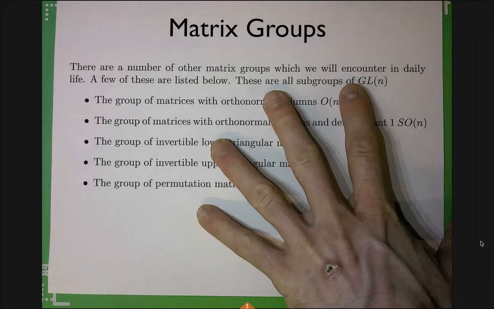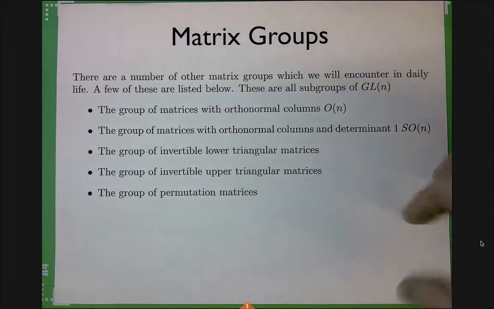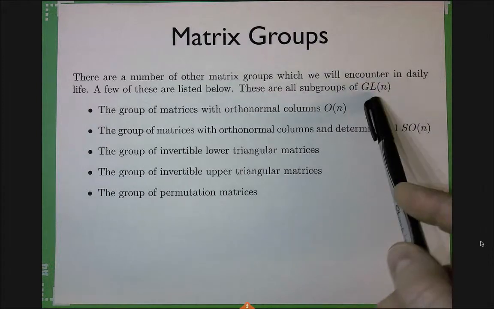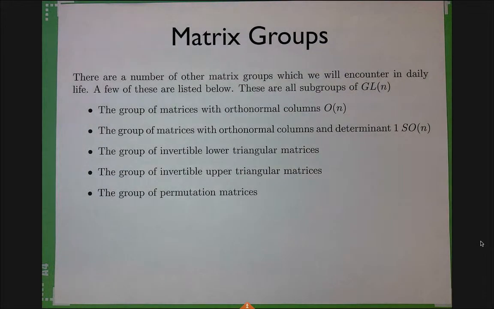And this is the best part. This says that not only do all the results from groups apply to invertible matrices, to the GL group, but something interesting happens: there are actually subgroups of GL, which are also groups. So a subgroup means it's a subset which is a group by itself, right?